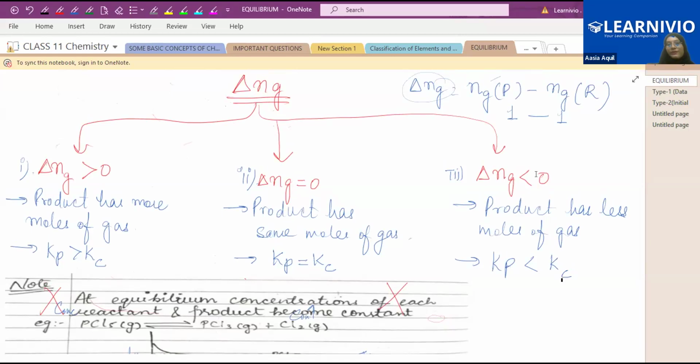Then only delta Ng value becomes 0, and in this case Kp is always equal to Kc. For the third one, when delta Ng, the change in the number of moles of gases, is less than 0, means negative, the product has fewer moles of gases than the reactant, and in this case Kp is less than Kc.